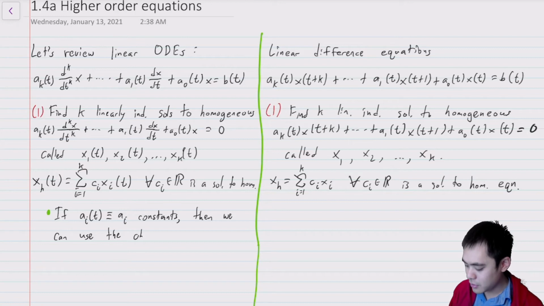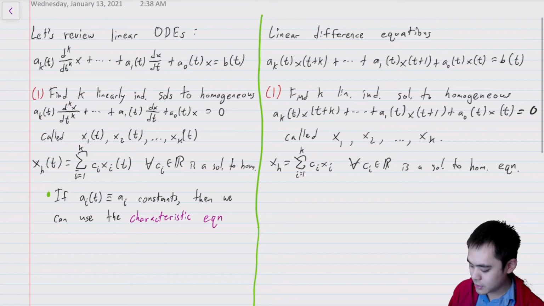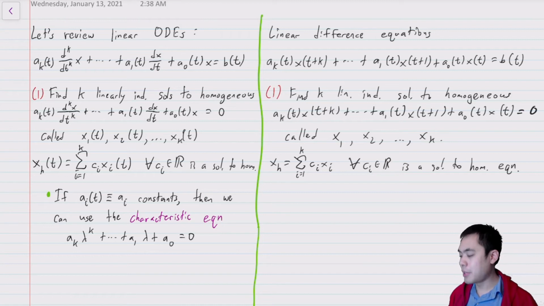Let me write that in a different color. Use the characteristic equation. Let's see, this is a_k lambda to the k plus dot dot dot plus a_1 lambda plus a_0 is equal to 0. And as you might guess, now that we've written it in this form, we have the exact same thing for linear difference equations.